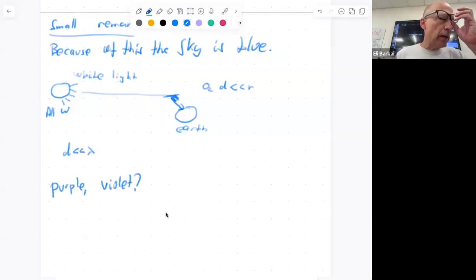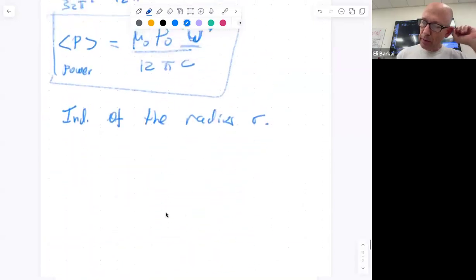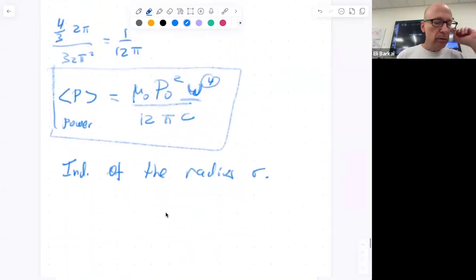Because this argument will tell you, okay, blue is better than red, but why not purple or violet, which have higher frequencies, and then this factor will be even bigger? Anyone wants to give an answer? Why is the sky blue? Why is it not purple, violet, whatever you want? Okay, it cannot be ultraviolet because we don't see ultraviolet.